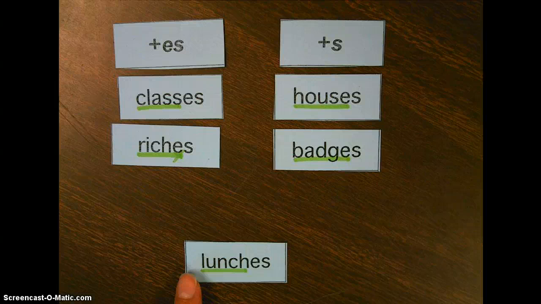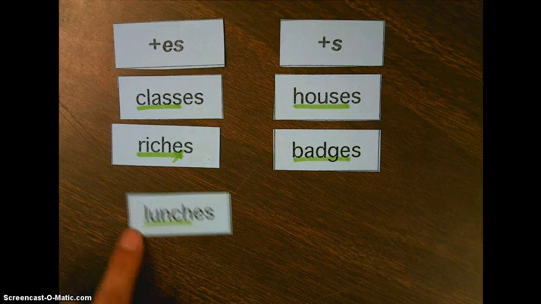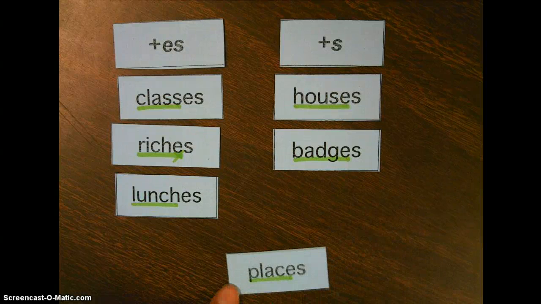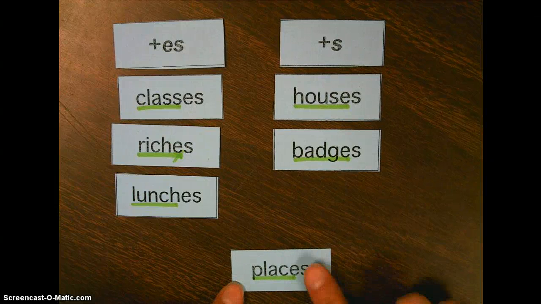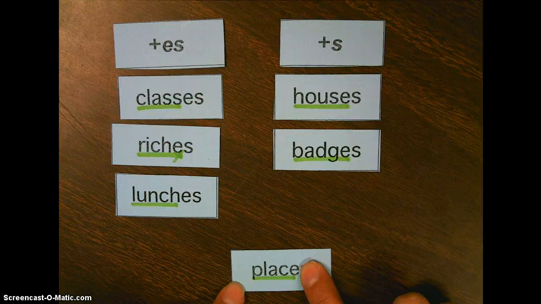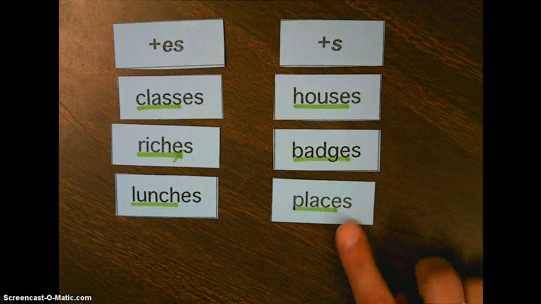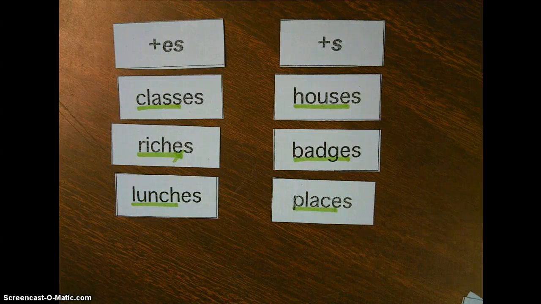Lunches, my base word is lunch, so that goes in the ES category. And we'll do one more example, places. My base word is place, and again I need to make sure that that E is included in my base word because that makes the word place spelled correctly. After that base word there's just an S added to make it plural, so that goes in my S category.